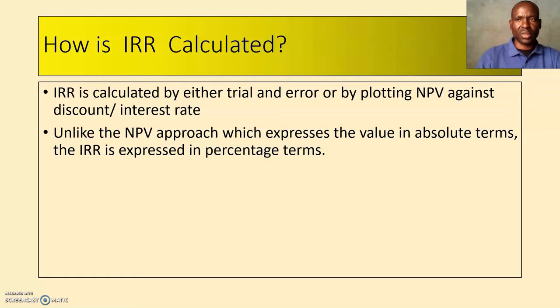I'm sure you're going to see what I mean. I'll explain as we come to that particular graph. And then we have to bear in mind that the internal rate of return is normally expressed as a percentage.